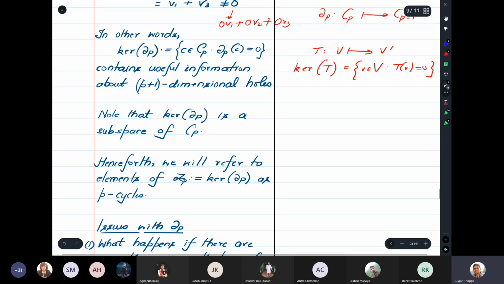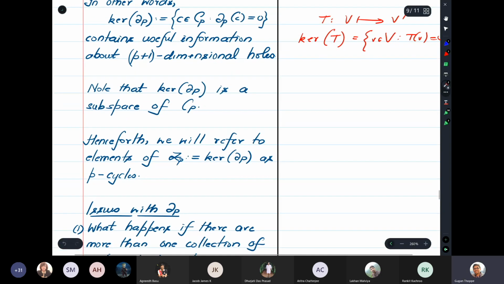We will be exploiting the fact that this kernel of DABA-P is in fact a vector space by itself. And since this consists of interesting elements, ZP is the notation that we will use for this kernel of DABA-P. From now on, the kernel of DABA-P will be referred to as ZP. This is a subspace of Cp, and the elements of this we will refer to as P cycles.